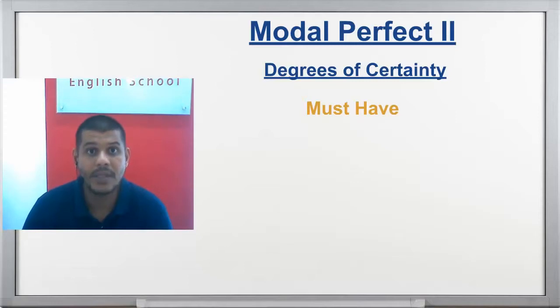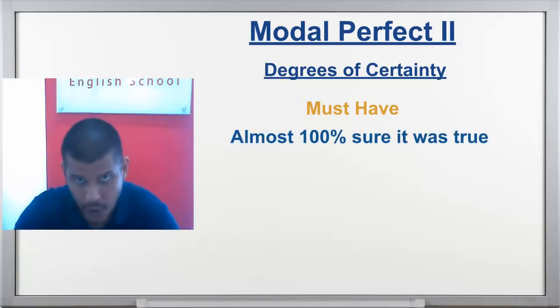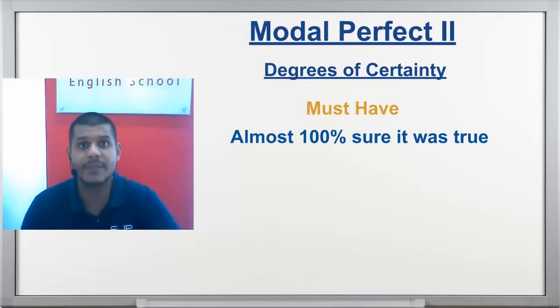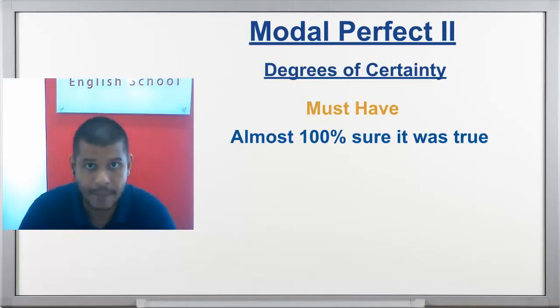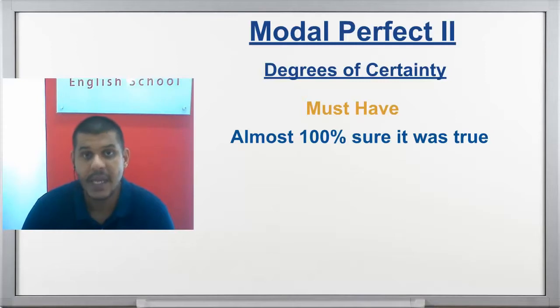So always when I talk about must have or could have or should have, I need to use a verb in the past participle after. When I use must have, I indicate that I am almost 100% sure that something was true, something actually happened. I use must have plus the past participle to indicate that I am almost 100% sure about something that happened in the past.